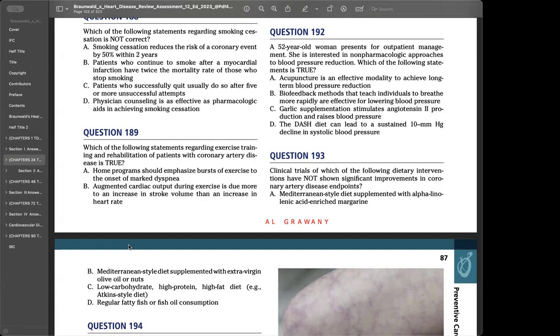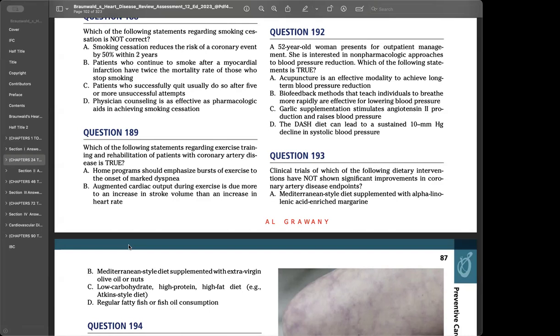During exercise, at the initial phase, the heart rate is the main contributor to the increase in cardiac output. So this is a false statement. Option A, home programs should emphasize bursts of exercise to the onset of marked dyspnea.